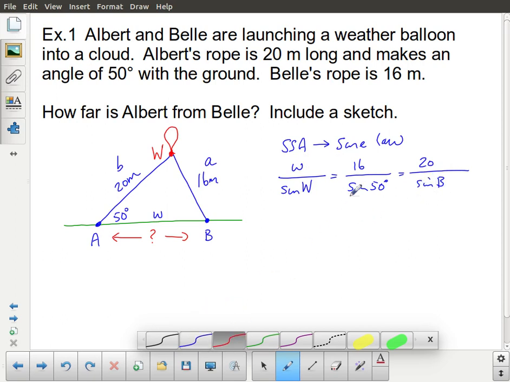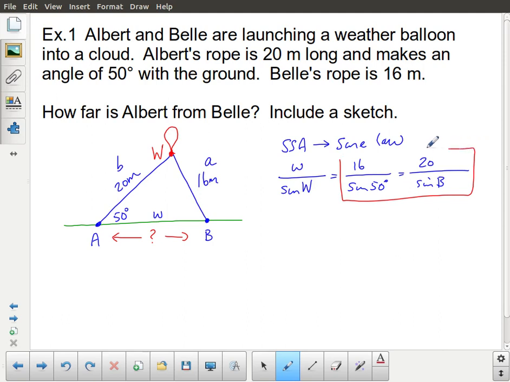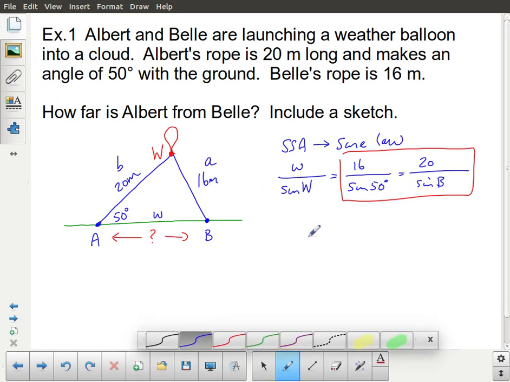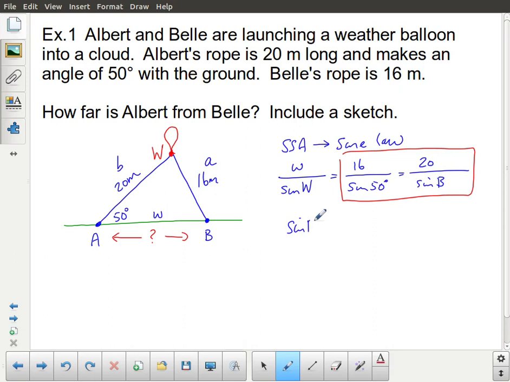So it looks like this is the portion of the sine law that I'm going to have to make use of. So that means I'm actually solving for the angle B. So I'm going to rearrange this as sine B over 20 over the side B must be equal to sine 50 degrees over 16. And then I can rearrange this.